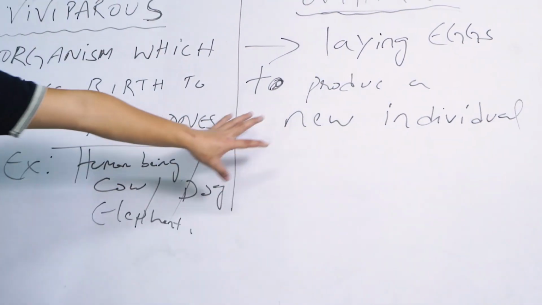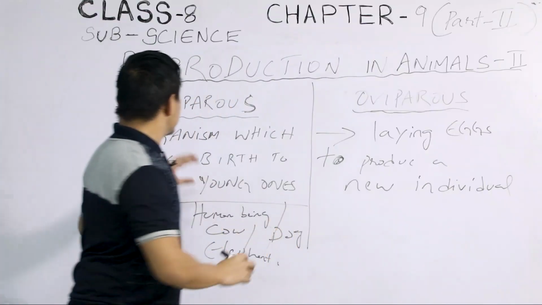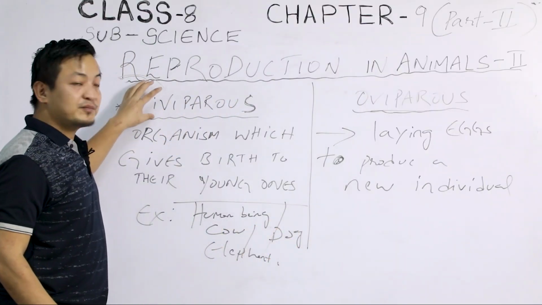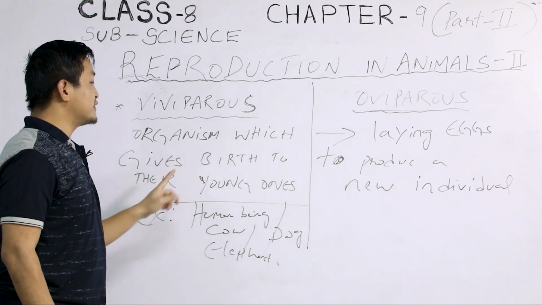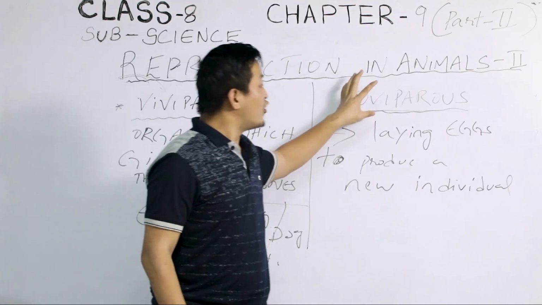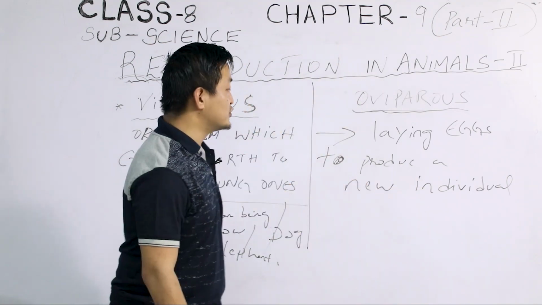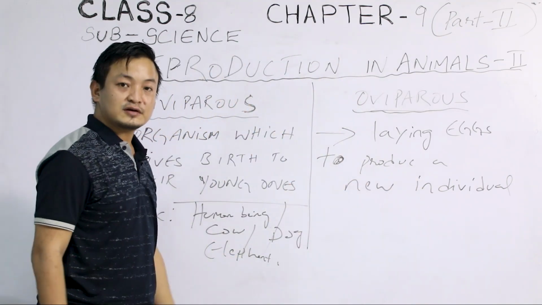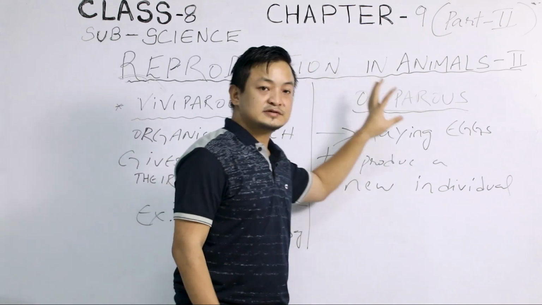Or you can write to produce the young ones. It's the same thing. Clear? So I'm sure now you are clear with viviparous and oviparous. Organisms which give birth to their young ones are viviparous, and oviparous are organisms which lay eggs to produce a new individual. Clear? So we are done with viviparous and oviparous.